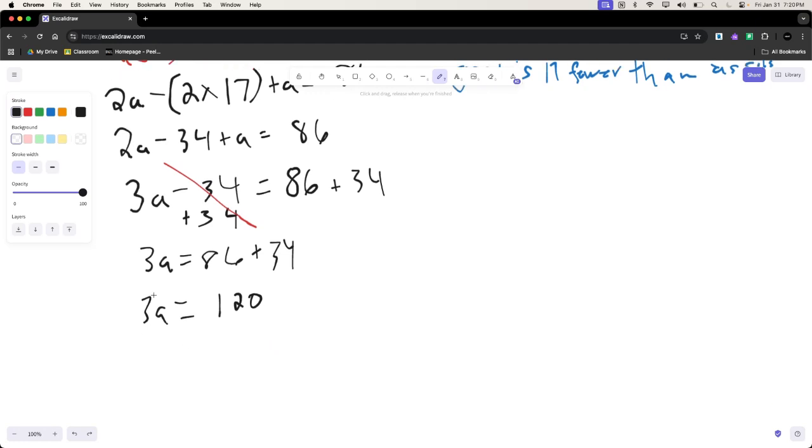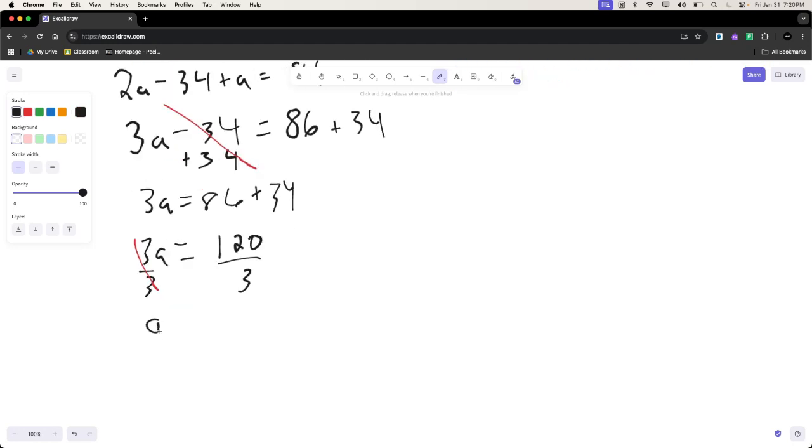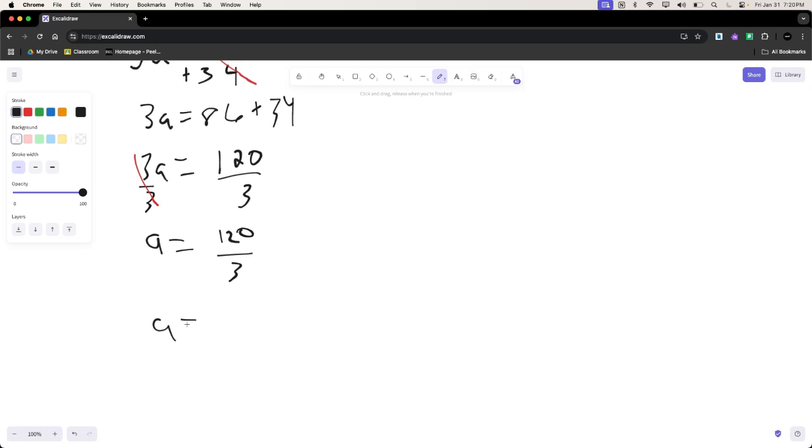So to remove this pesky 3, all we need to do is just divide it by 3. But again, once we do something here, we got to do it here too. So then we divide by 3 here, and these two cancel each other out. And then we're left with a, which equals 120 divided by 3, and then a becomes 40.